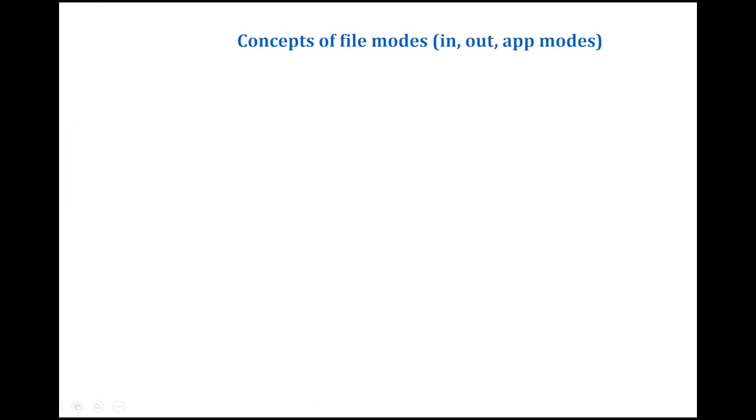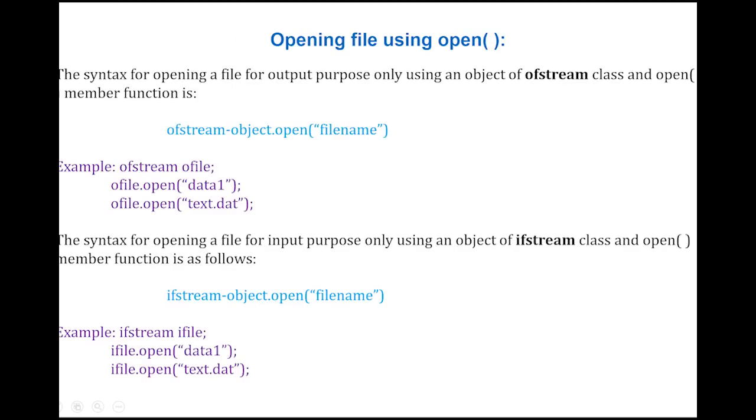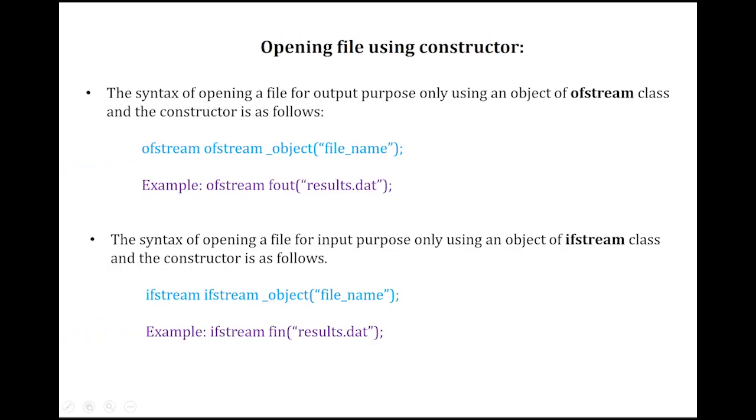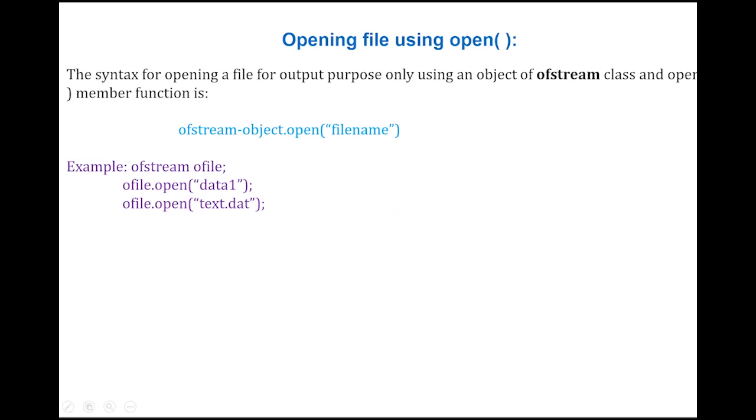So what we have learned about opening of the file, let's do a quick recap. We can open a file using a constructor where we can use the ofstream object for output purpose only, and we can use the ifstream for input purpose only. We can open the file using open. Here also we will create an object of ofstream, and then we will use a member function open.